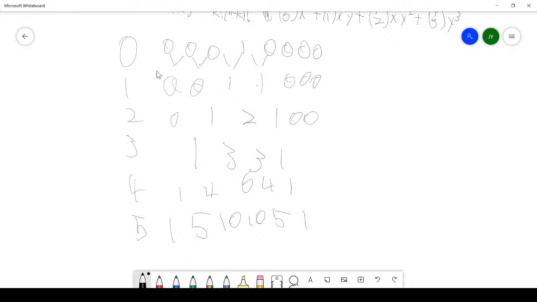Right next to the ones exists the number of the row. So in the second row, we have 1, 2, 1. Third row, we have 1, 3, 1. Fourth row, this is 1, 4, 6, 4, 1, but next to the ones are the fourth. And for 5, we have 1, 5, 10, 10, 5, 1, with 5s being next to the ones.